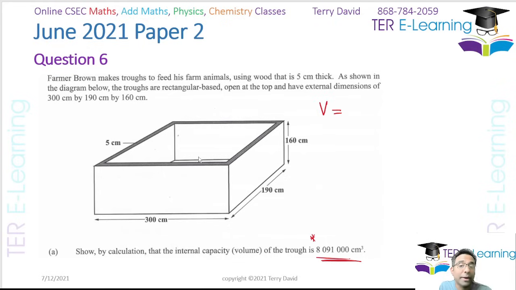So my internal volume. Now this is a cuboid here. Now what we're concerned about is the inside of this. So let's see if I were to draw. Now we're looking at the thickness. Remember, you need to cater for the thickness of the wood. So I'm just going to draw some lines here so you all are a little clearer as to what's happening. So that's what's happening here. On this side is the same thing.